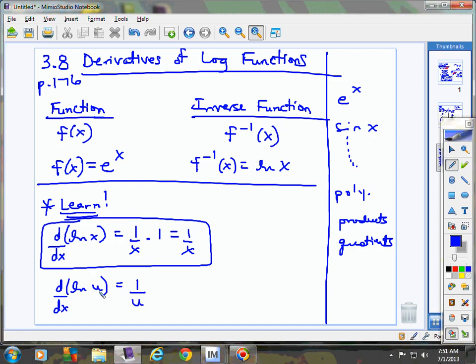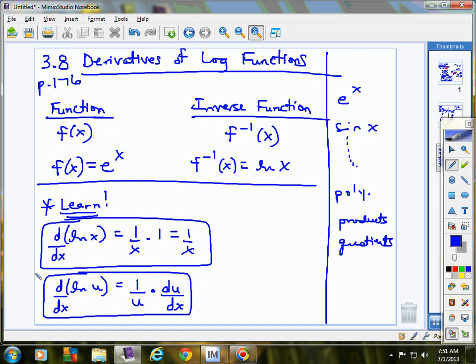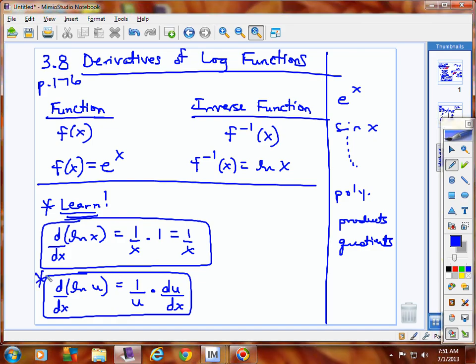I don't care how complicated the stuff is, I don't change it. I put 1 over it. Times, and then I go inside, and the derivative of the actual thing is what I attach here at the end. So the derivative of u would be du, and I found its derivative with respect to x. So both of those are important. The second one, though, is probably more practical.